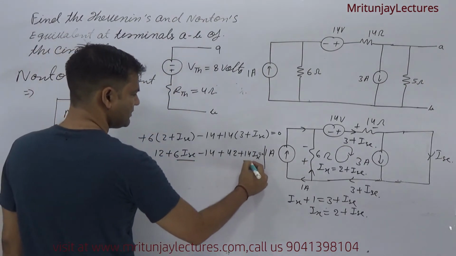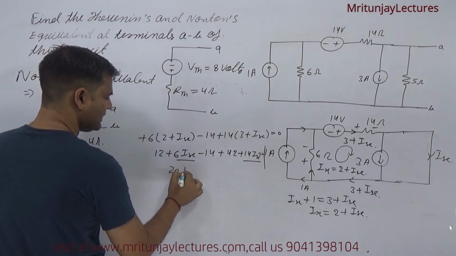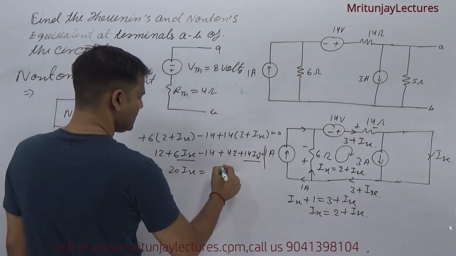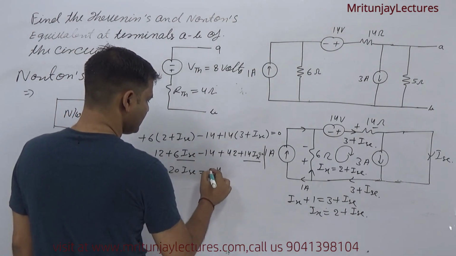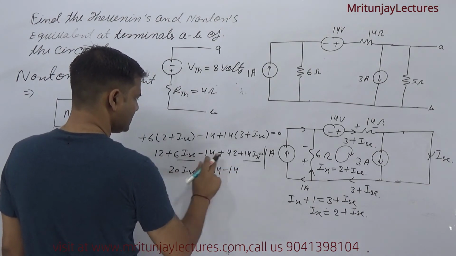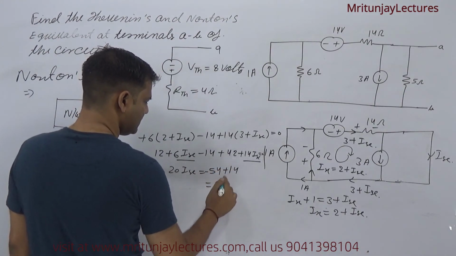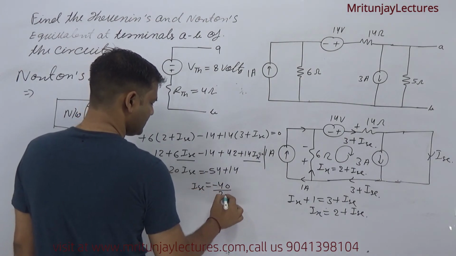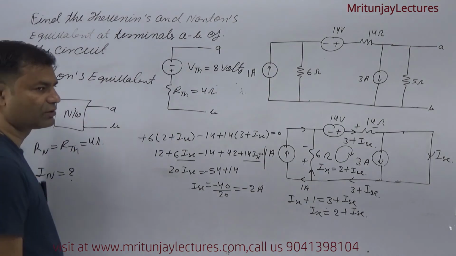So 20 ISC is equal to minus 40. So ISC is minus 40 divided by 20, that is minus 2 ampere. Clear or not?